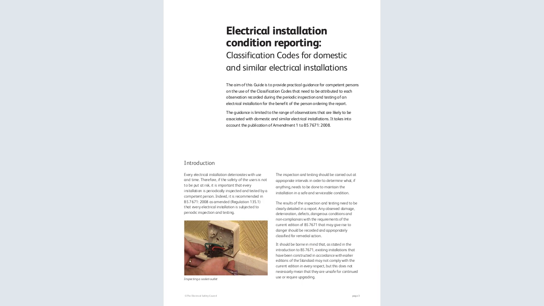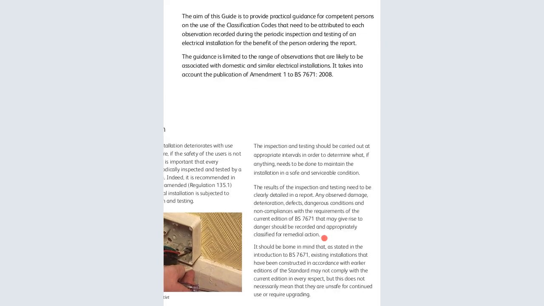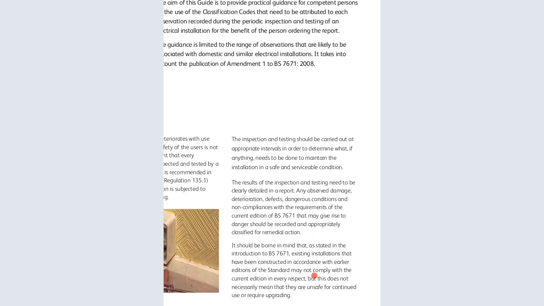The results of the inspection and testing need to be clearly detailed in a report. Any observed damage, deterioration, defect, dangerous condition, and non-compliance with the requirements of the current edition of that code, that may give rise to danger, should be recorded and appropriately classified for remedial action.